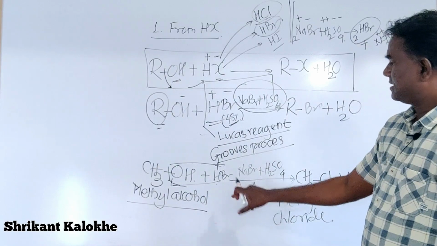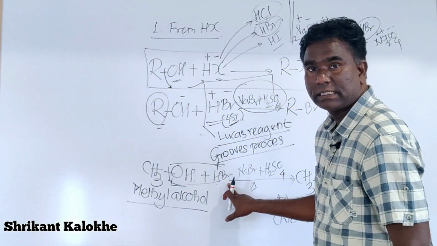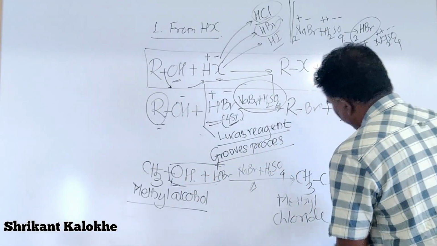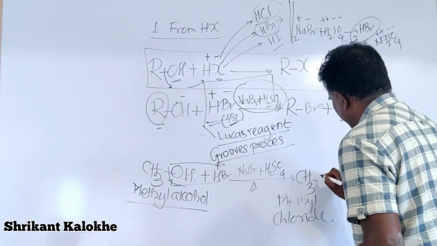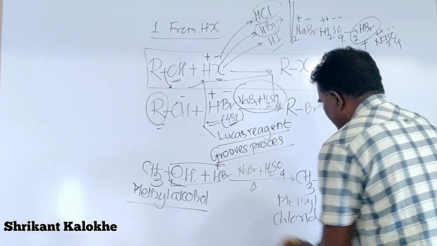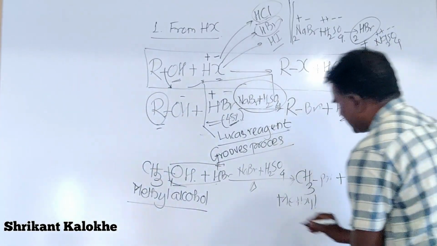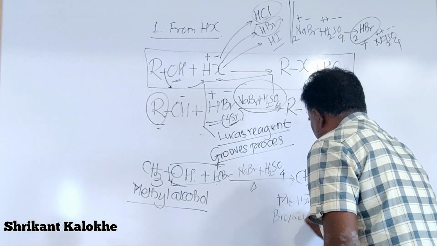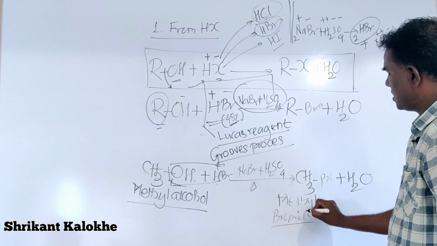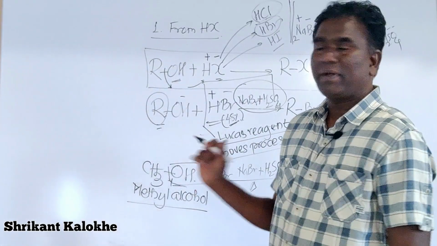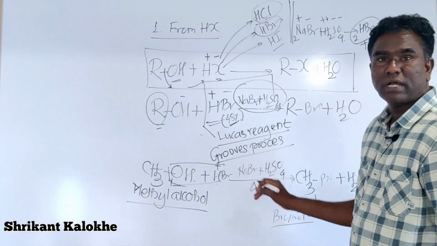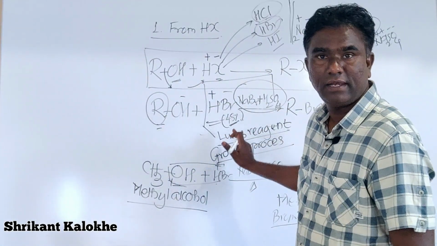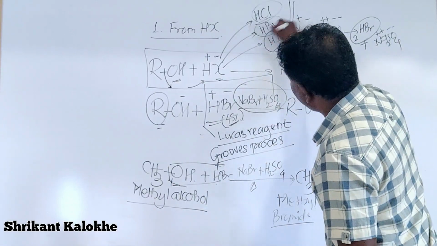Here we get Br substituted in place of OH, and instead of HCl we write HBr, and this would not be methyl chloride but methyl bromide. In this way we have been able to convert this alcohol into alkyl bromide.